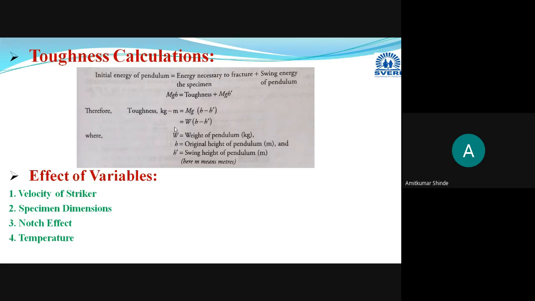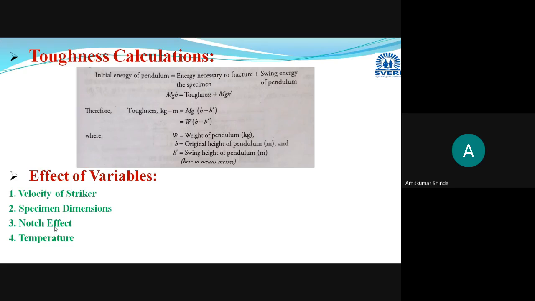Then the third factor is the notch effect. As the dimensions of the notches you use increase, that V-shaped notch, U-shaped notch, or keyhole shaped notch, if you increase the depth of that notch, then what will happen?